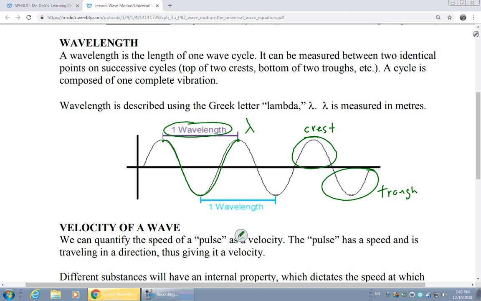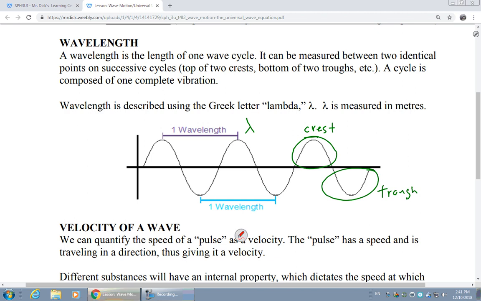But I didn't have to measure it from one crest to another, as long as I trace out one full wavelength. Another option would be to start at a trough. If I start down at the bottom at the trough, I go all the way up and then come all the way back down, and I end on a trough as well. If I measure the distance from a trough to a trough, that's also one full wavelength.